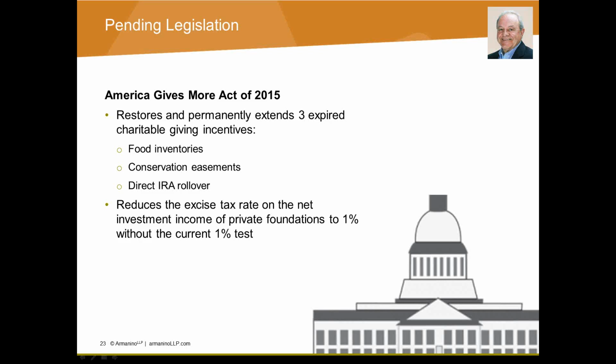Congress has talked for a long time now about trying to get one rate and skip all the convoluted sausage grinding calculations. And so what's in the America Gives More Act is to set the private foundation excise tax at 1% of net investment income as the final place that foundations would be with respect to their excise tax liability.